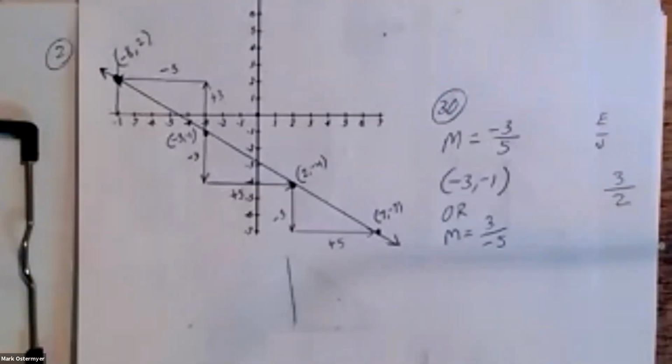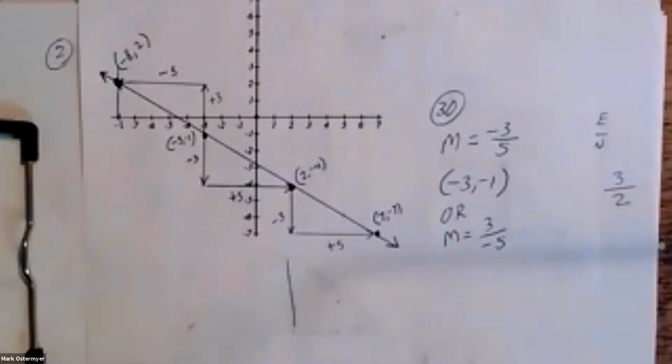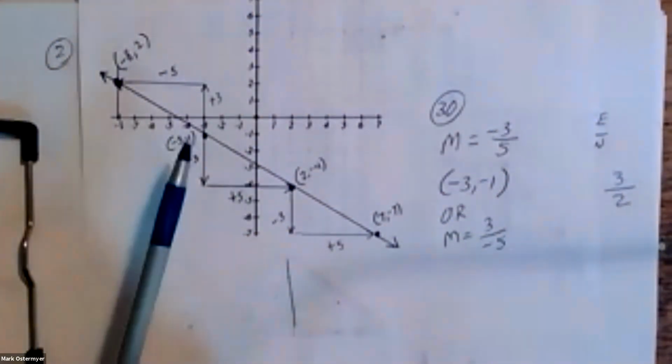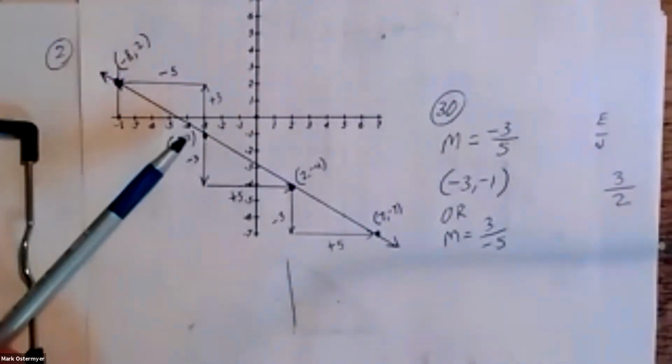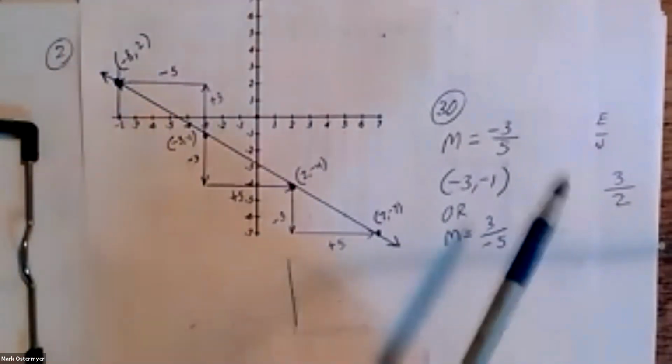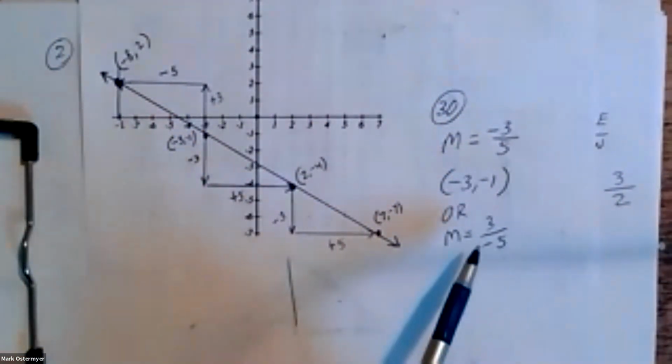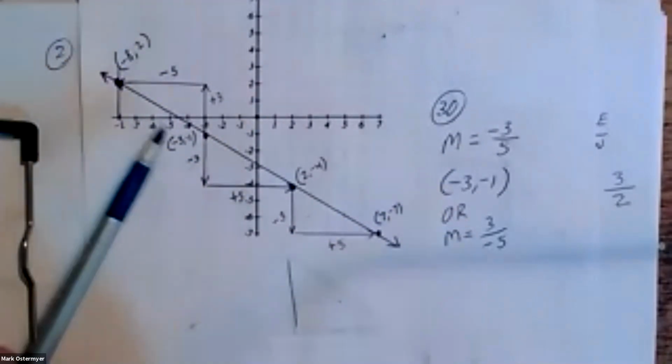Does your line look like this? Start at the point, you plot the point -3, -1. To plot another point on this line, you can view the slope as either -3/5 or 3/-5, doesn't matter.